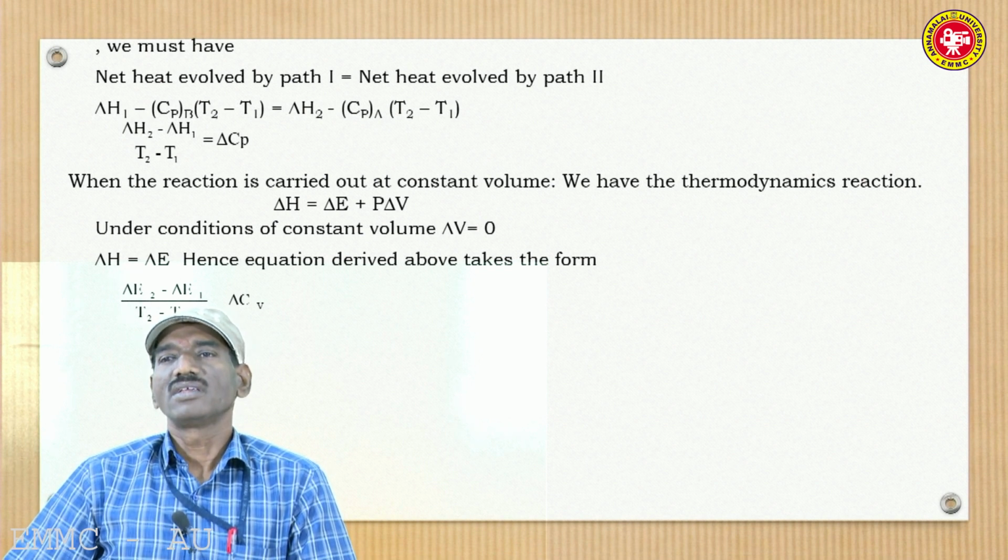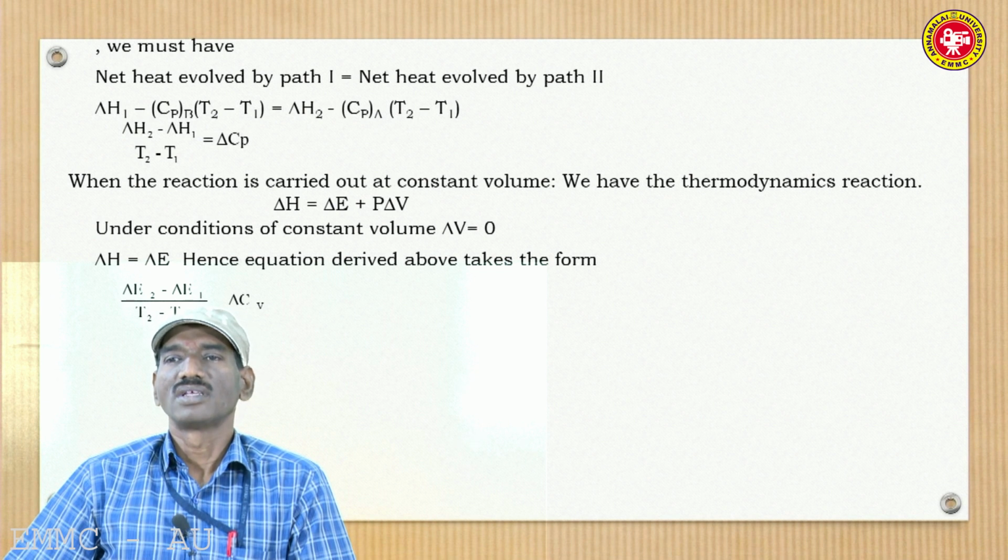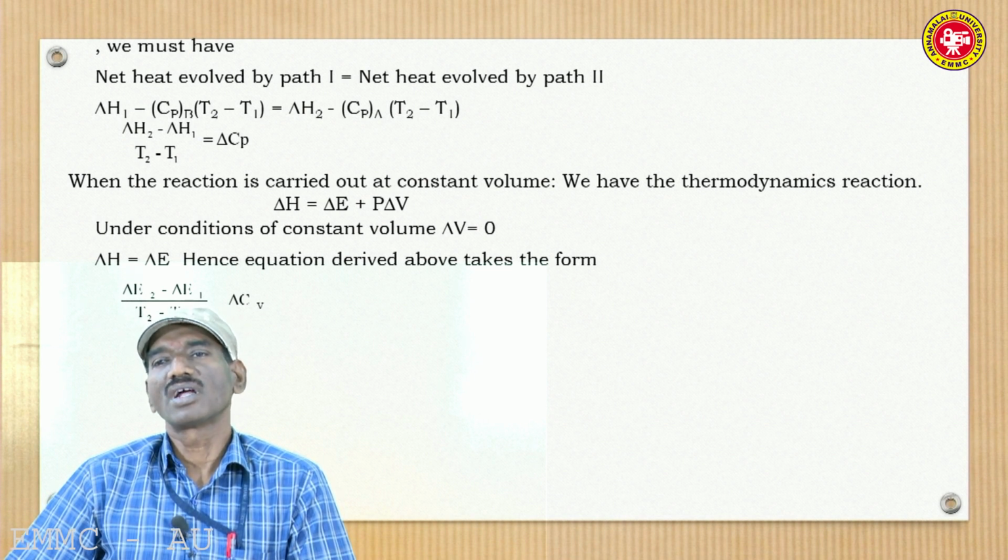Automatically from this equation we may calculate delta Cp: delta H2 minus delta H1 divided by T2 minus T1, is equal to delta Cp. This kind of equation is obtained by rearranging the initial equation.